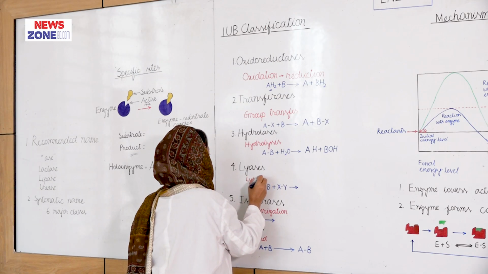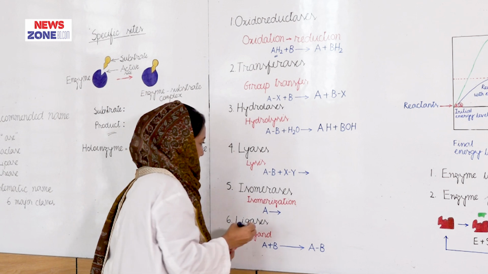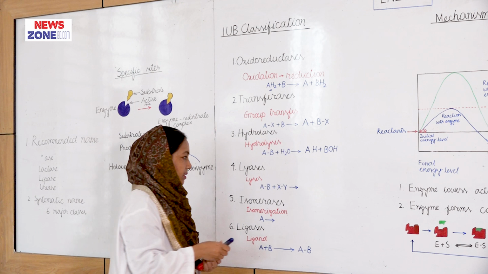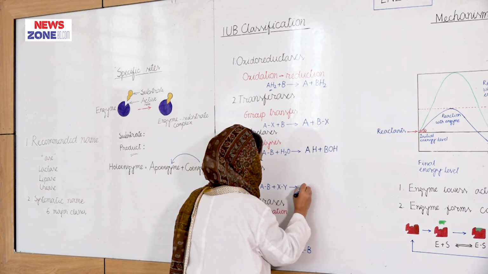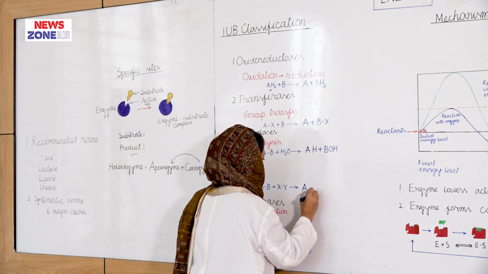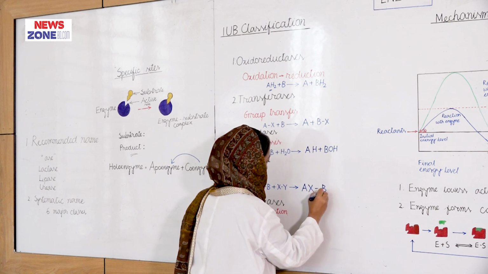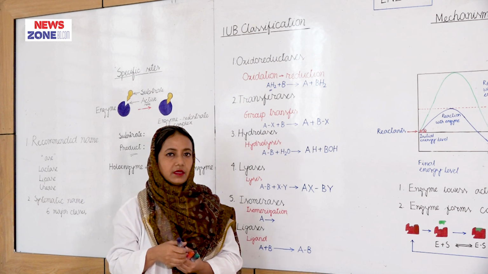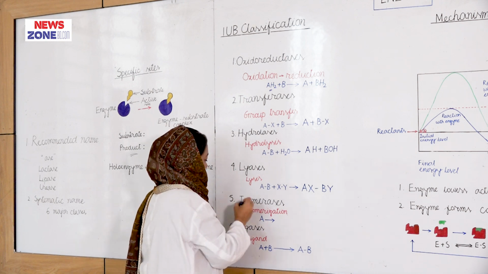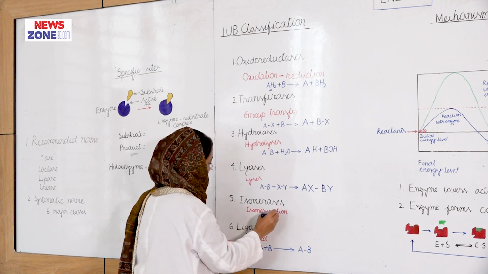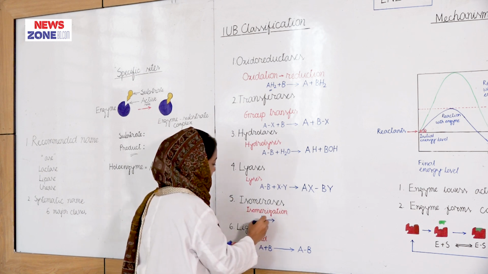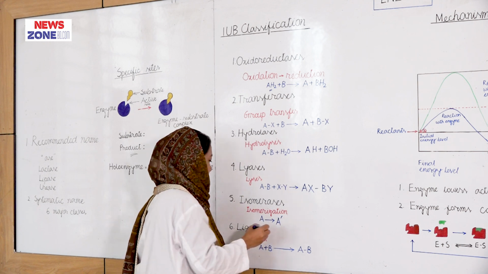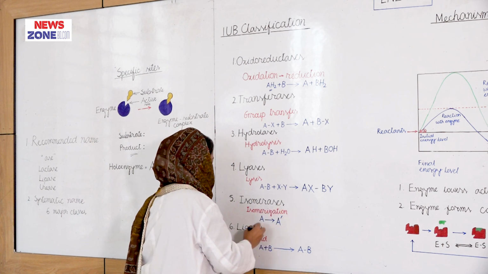The fourth group is the lyases. This group catalyzes the breakdown of carbon-carbon, carbon-sulfur and carbon-nitrogen bonds. The reaction proceeds like this. Aldolase and carboxylase are examples of this category. The fifth group is the isomerases. It causes isomerization of the substrates. Triose phosphate isomerase is an example of this category.